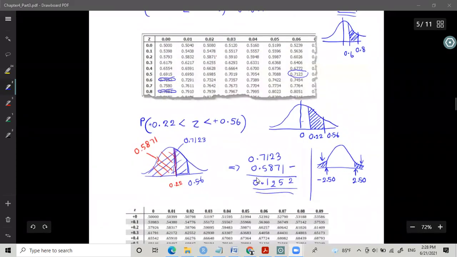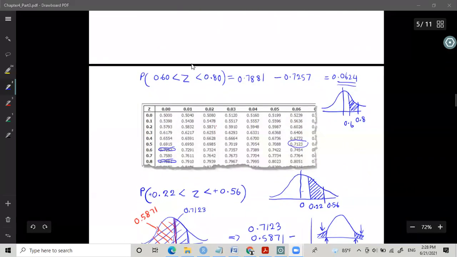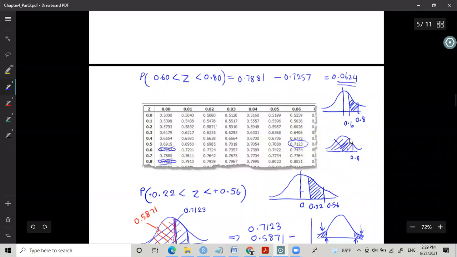Anyway, I'll explain it again, how to find the in between using this one. If you want the in between of 0.6 up to 0.8, when you read the table for 0.8, you get everything from the left tail up to 0.8, which is 0.7881. So this 0.7881 is the whole area to the left of 0.8. But what you want is only from 0.6 up to 0.8.